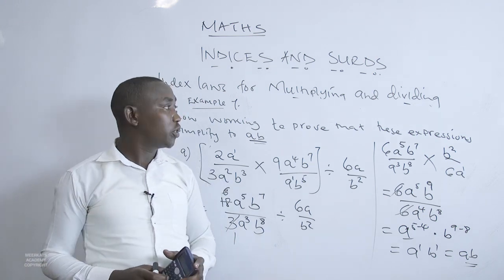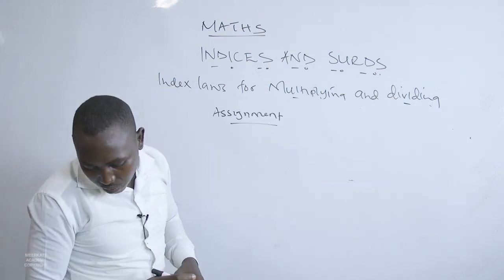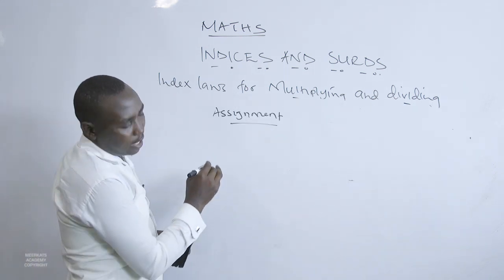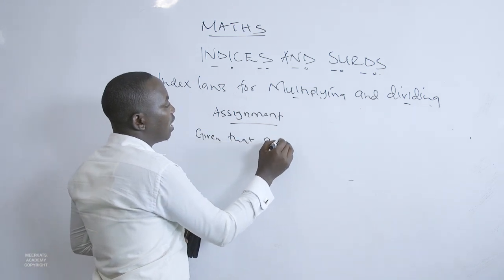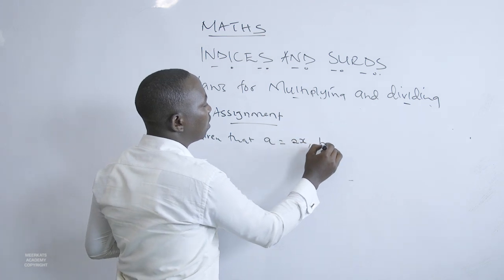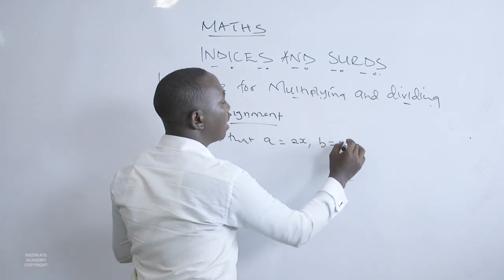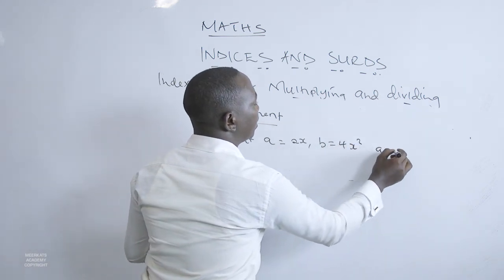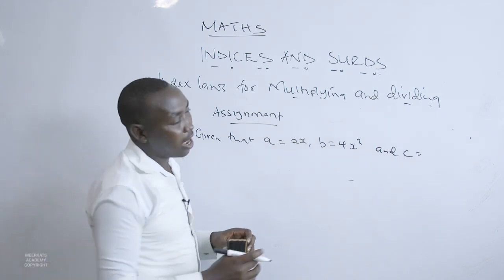You can try this assignment where we were told, given that a is equal to 2x, that b is equal to 4x squared, and that c is equal to 5x cubed.